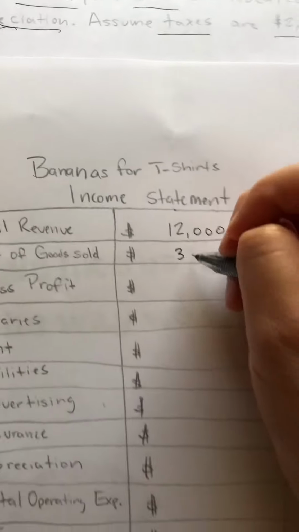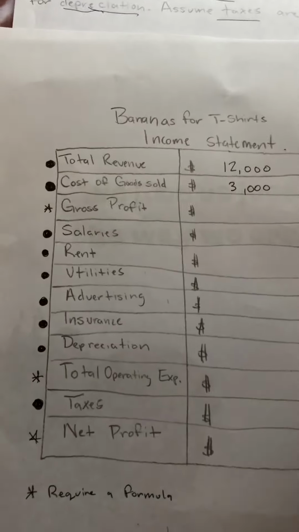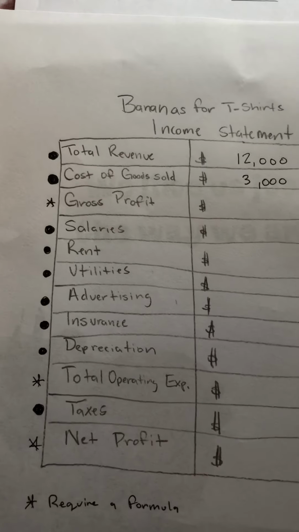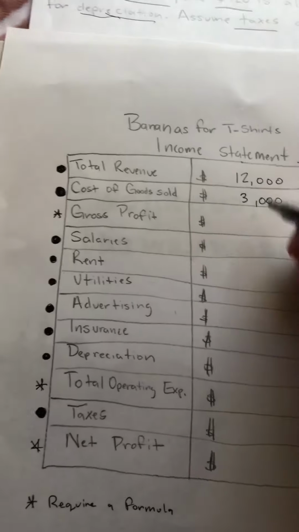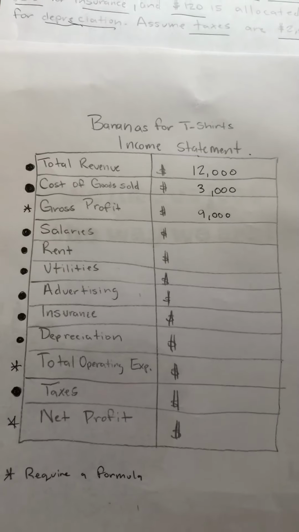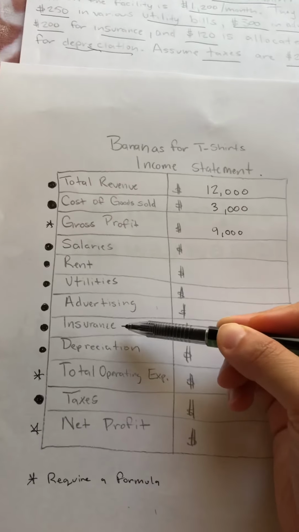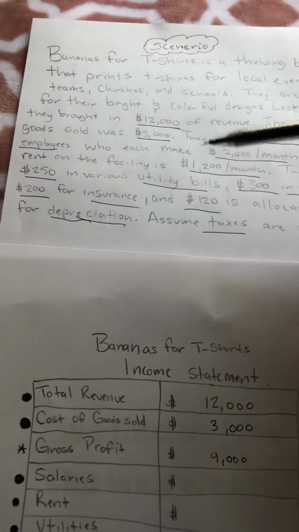So I'm gonna put 3,000 right here. And then if you notice, I have a star here for gross profit. That is one of the formulas that was given to you guys. So we're going to take total revenue minus the cost of goods sold, and that gives us $9,000.